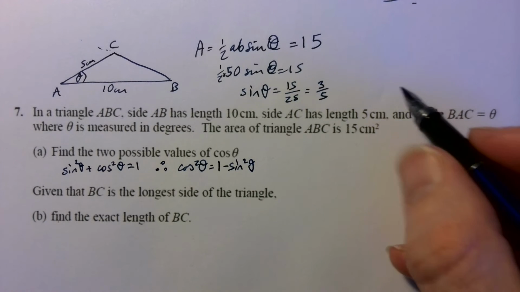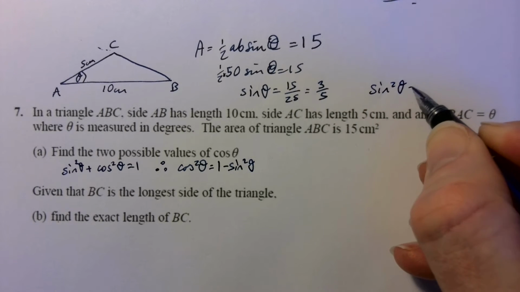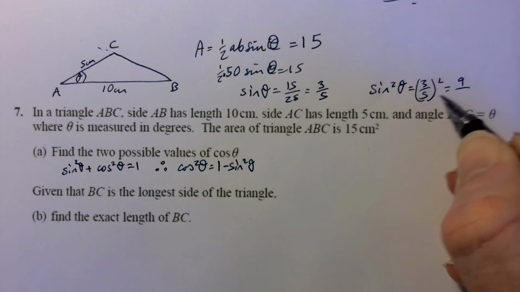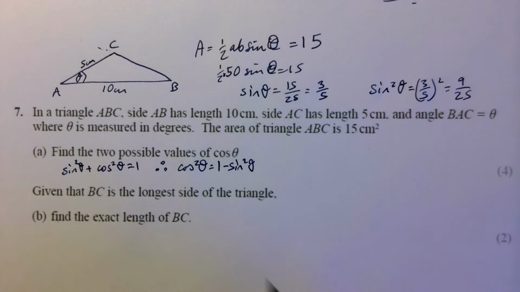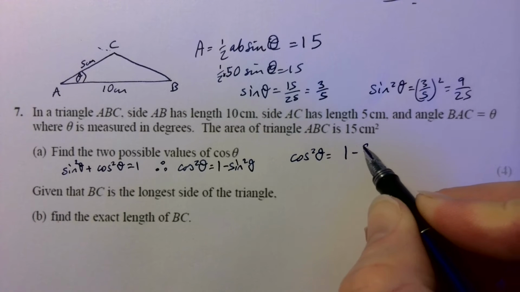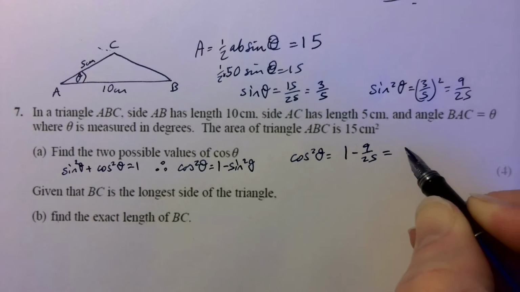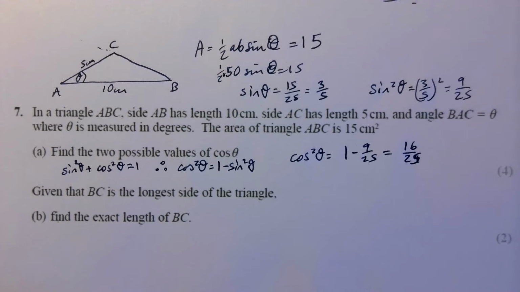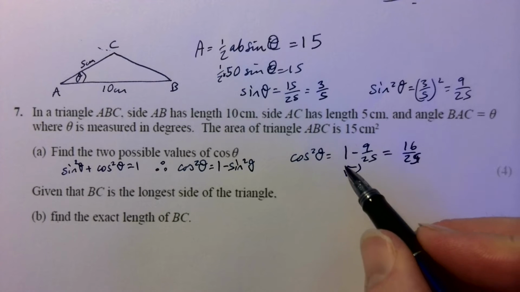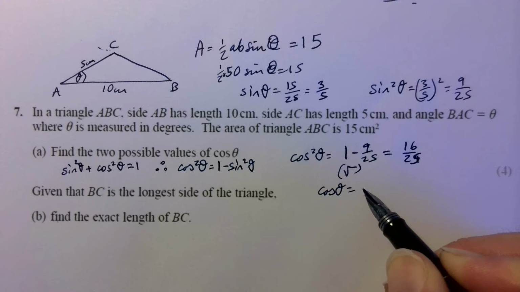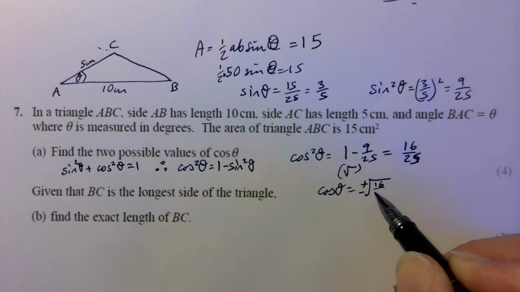Now if sine theta is 3/5, sine squared theta will be 3/5 squared, which is 3 3s are 9 over 5 5s are 25. So cos squared theta is going to be 1 take 9 over 25, which is 16/25. But we want the two possible values of cos theta, so what we do is find the square root of both sides, and cos theta will therefore be the positive and negative square root of 16 over 25.